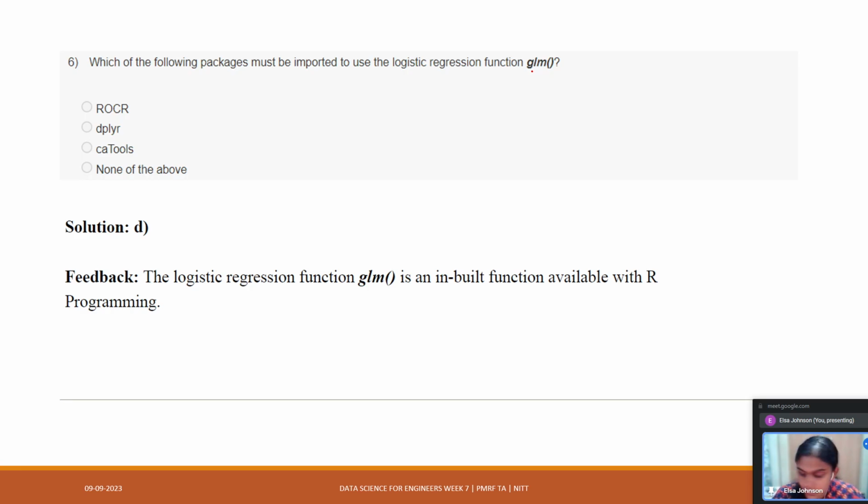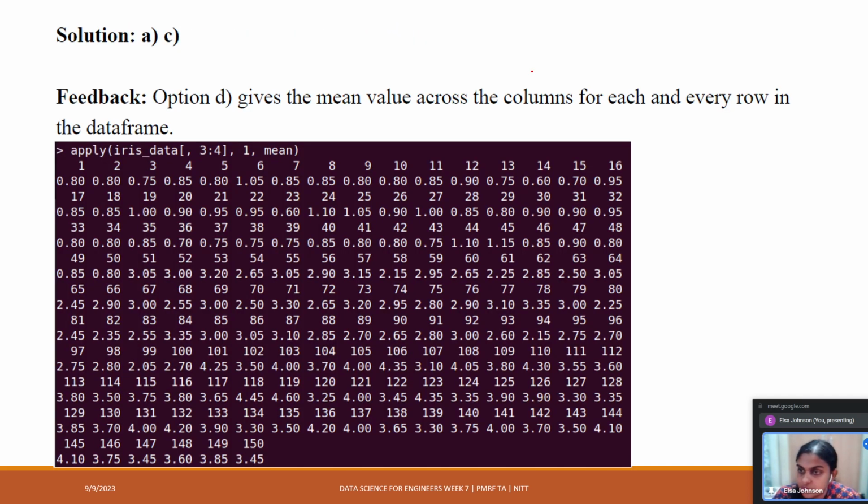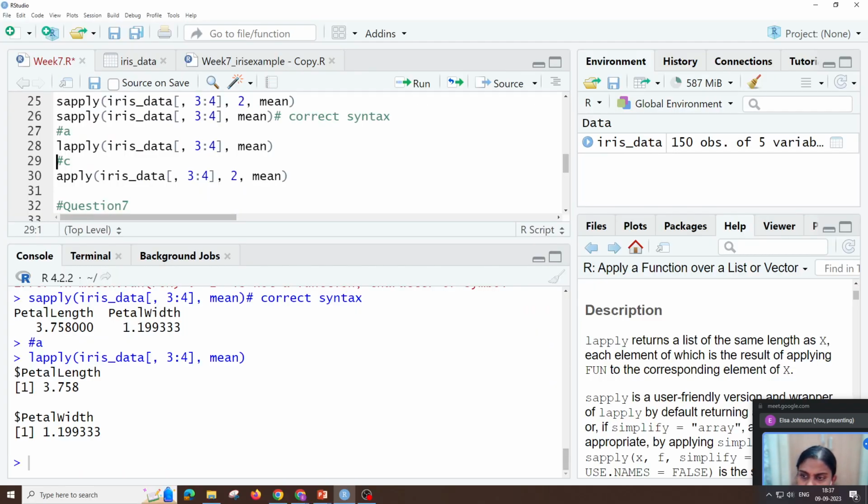lapply is giving the result in list form. Raghu, when you tried lapply, it was giving in list form. What do you mean by that?